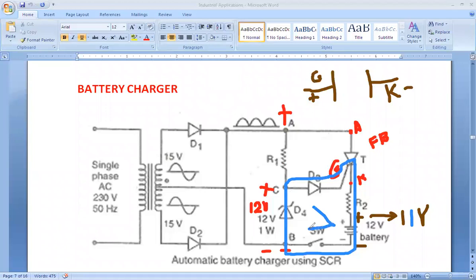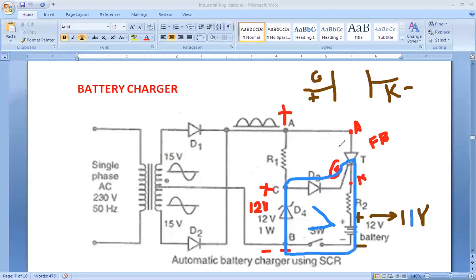This is actually greater than this one. So here this 11 volt is again less than the 12 volt. So again the flow of current is in the same direction, that is from the positive terminal through diode D3 to the gate and cathode terminal, to the battery, and return to the negative.